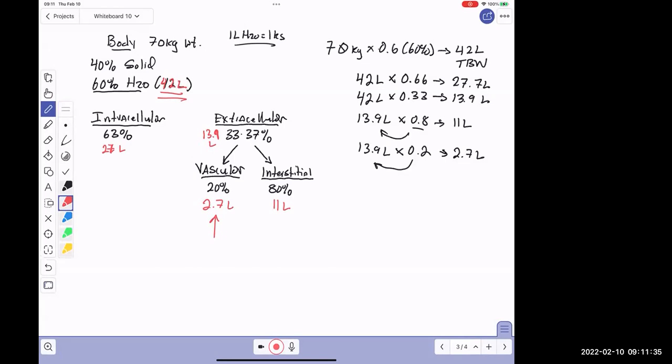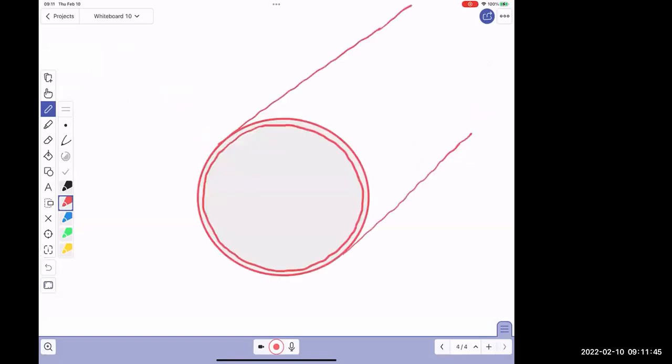So then what I'm going to do is move on, and I'm just going to spend a little bit of time talking about edema. And this is actually covered fairly decently in the textbook, but let's just move on nonetheless. So when it comes to edema, edema is essentially fluid where it doesn't normally belong.